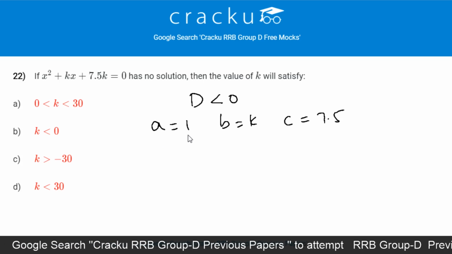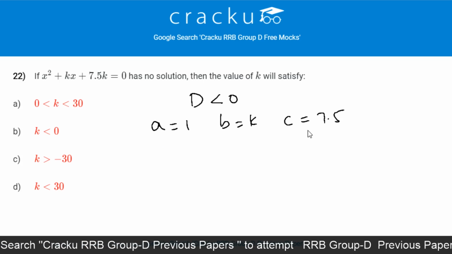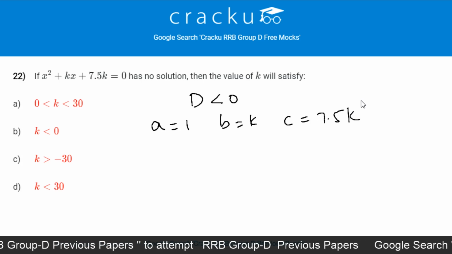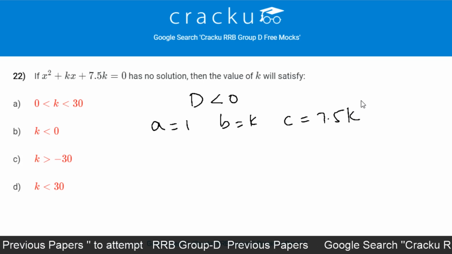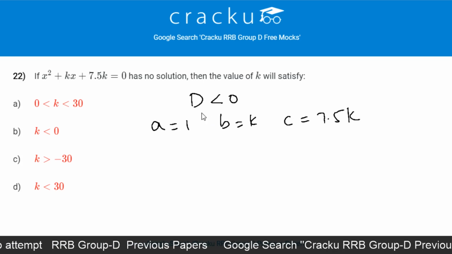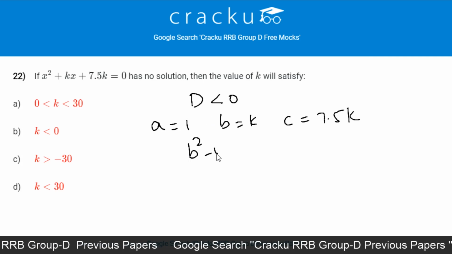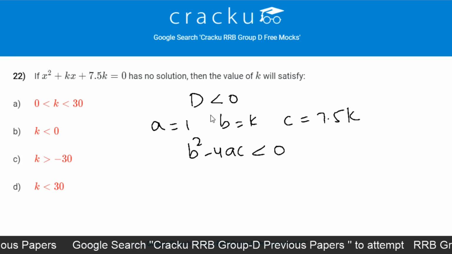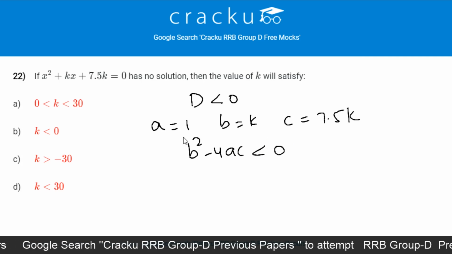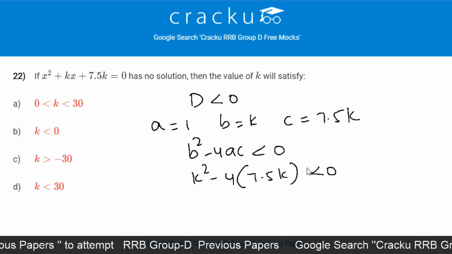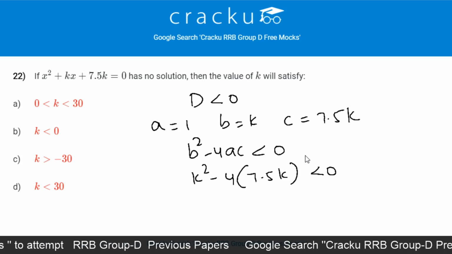So a is equal to 1, b is equal to k and c is equal to 7.5k, when we equate this with ax square plus bx plus c is equal to 0. Now the discriminant is given by b square minus 4ac less than 0, as this equation doesn't have any solution. So k square minus 4 into 7.5 into k less than 0.